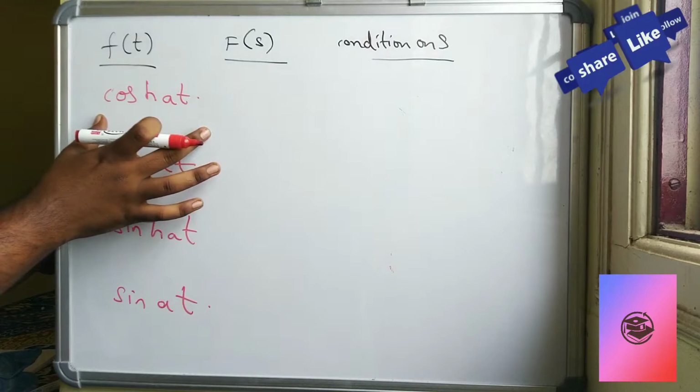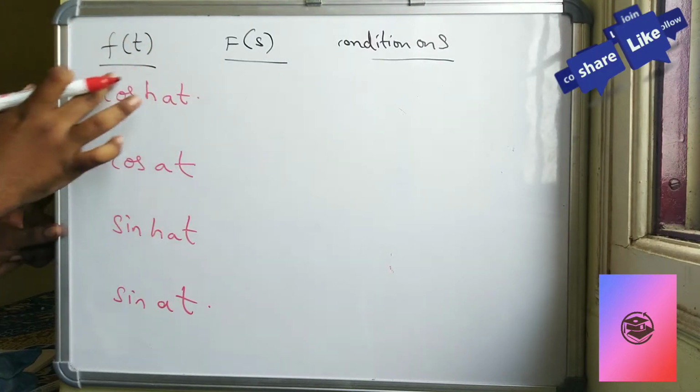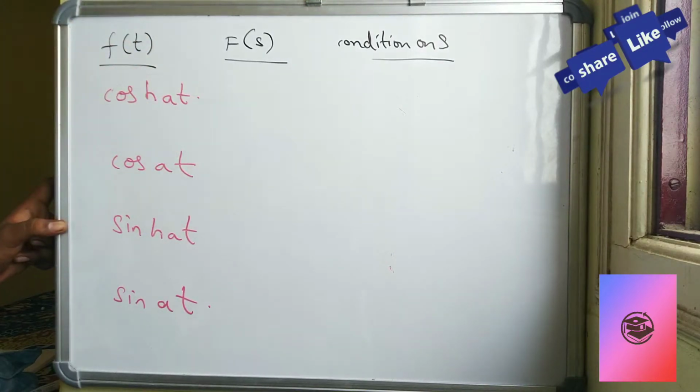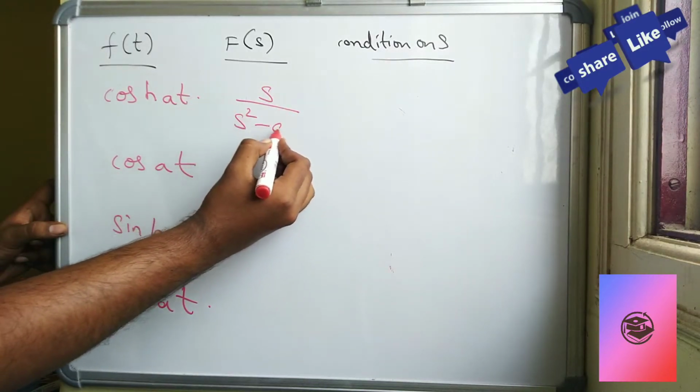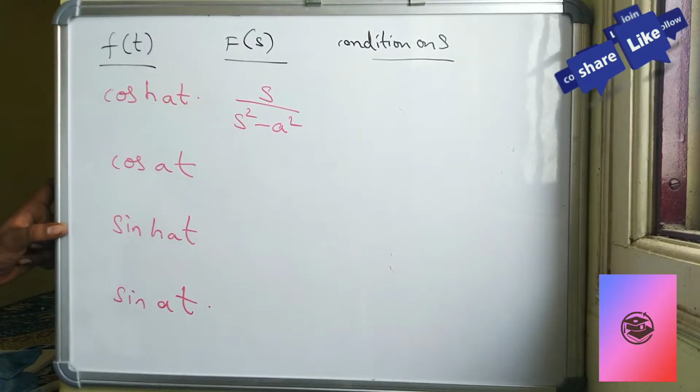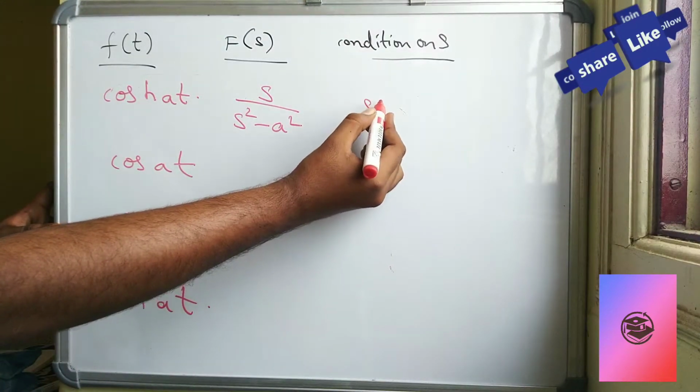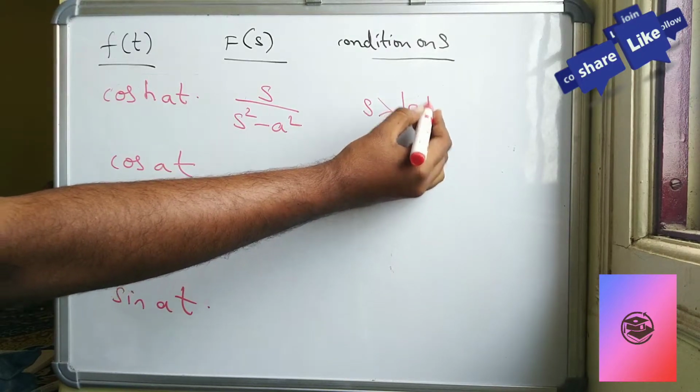The Laplace transform of cos hyperbolic at is s by s square minus a square. The condition on s is that s should be greater than modulus of a.